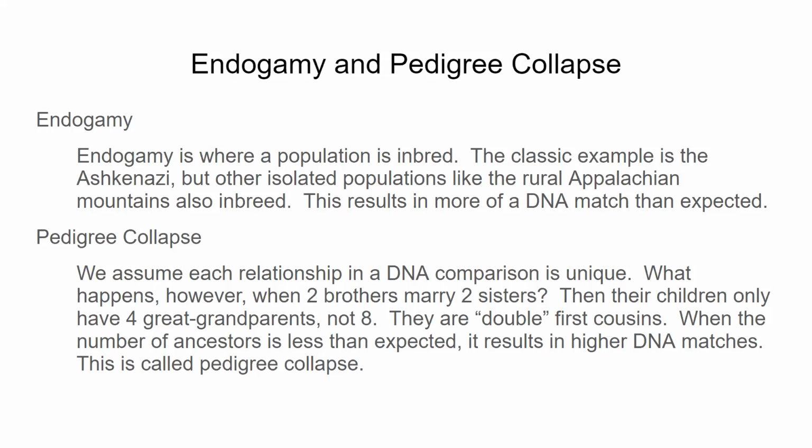Instead, it was intermarried. But in our generation, the people who match me, who are their grandchildren, are in fact double first cousins. So they have literally twice as much of the DNA from those four people than would be expected in a match. So we're going to talk about pedigree collapse and how to deal with that and where it exists next time.